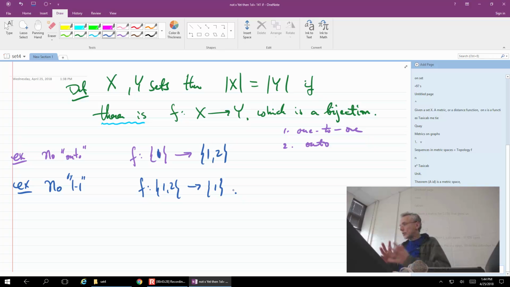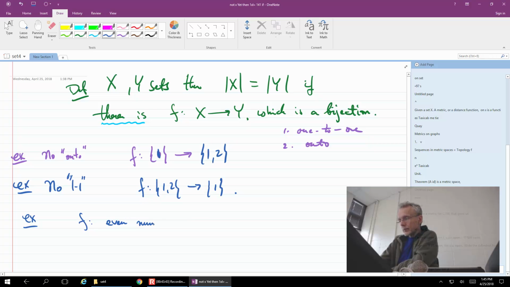It is more complicated when you look at infinite sets, and this is the standard example to point out what the problem is: a function from even numbers to the integers.